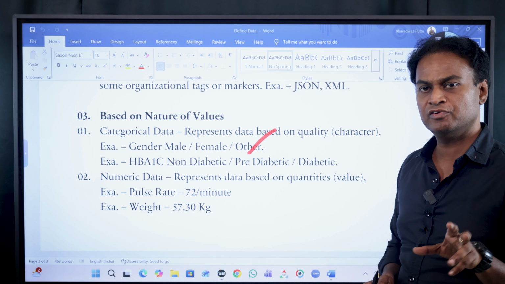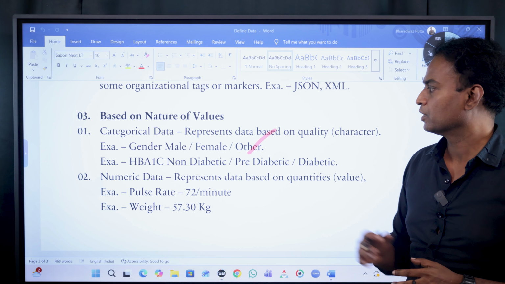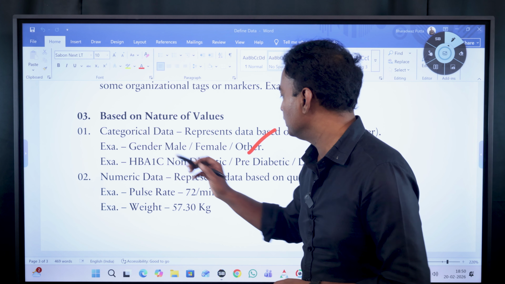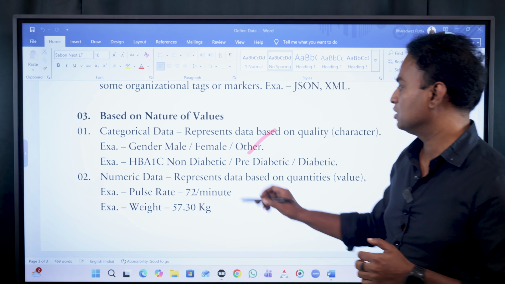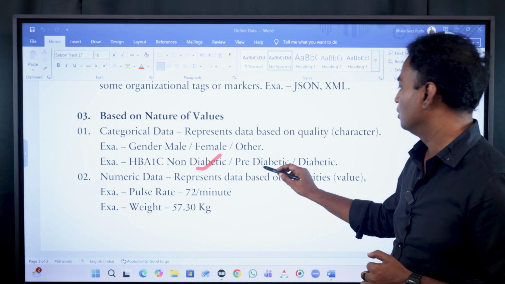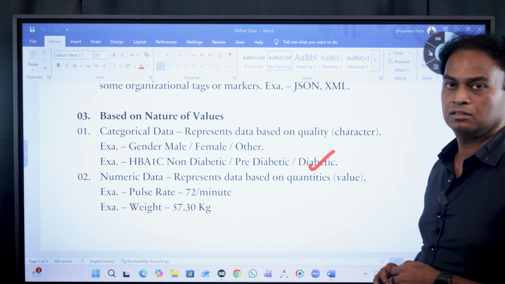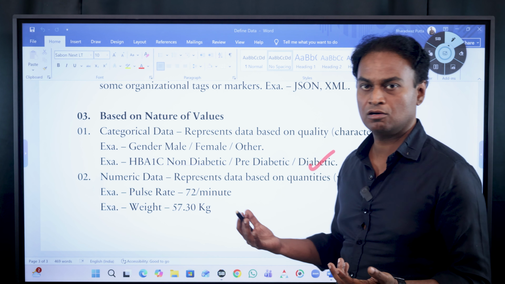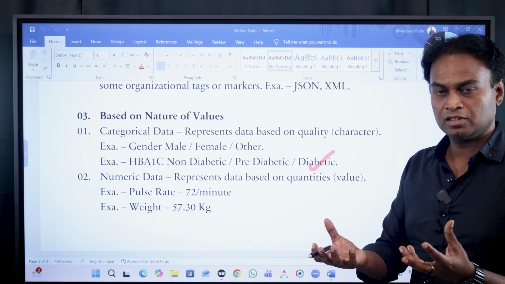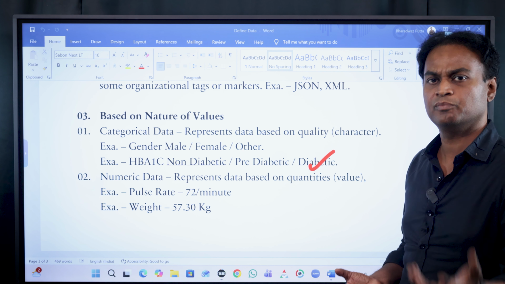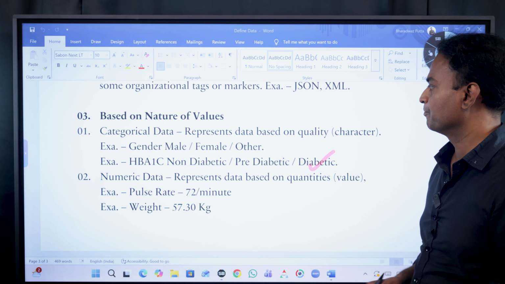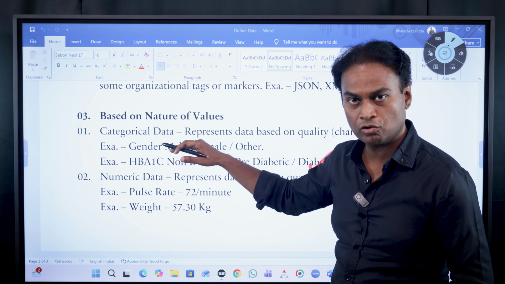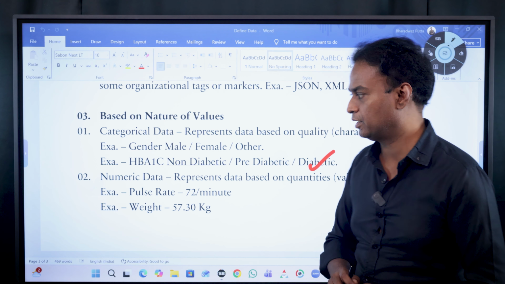And when you collect HbA1c, you classify the patients into non-diabetic, pre-diabetic or diabetic. This is also a quality of the patient. This is considered categorical data or qualitative data.